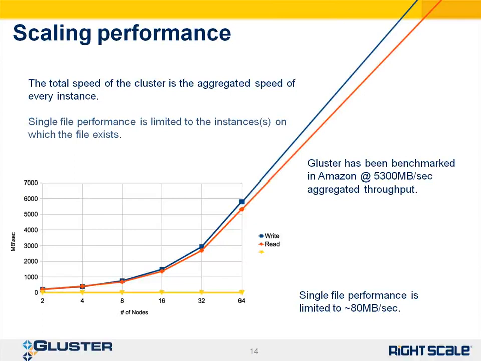The only downside is if you're mounted via NFS, and that instance that you're mounted to fails, you have to remount to another instance. And we have ways to do that and make it very quick, but there is a quick disconnect and a reconnect when you're using NFS and there's a failure. If you're using GlusterFS and there's a failure, that doesn't happen.